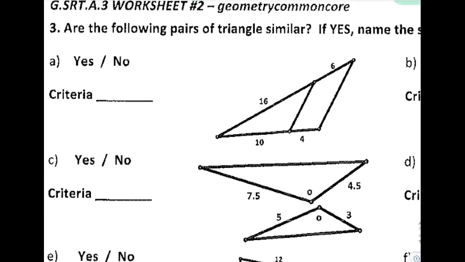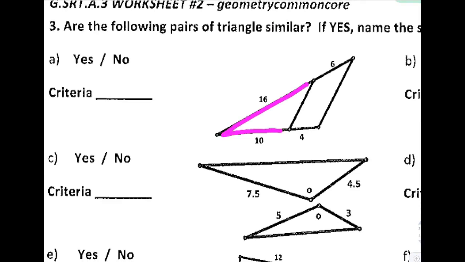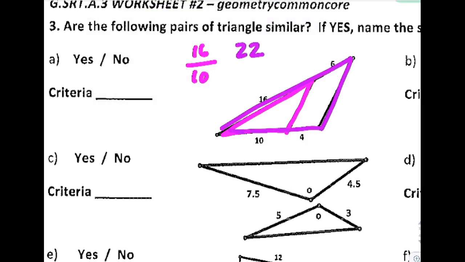So if you looked at A here, there are two triangles. There's one that is 16 and 10, and then there's another triangle that's 22 and 14. So this might be side angle side, because if you notice they both share that angle in this corner.